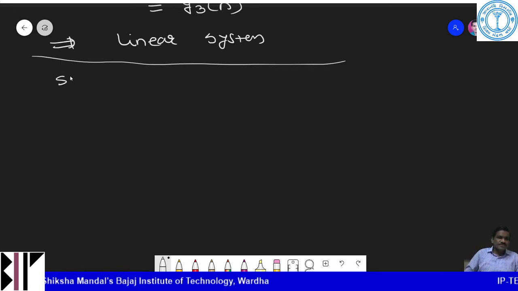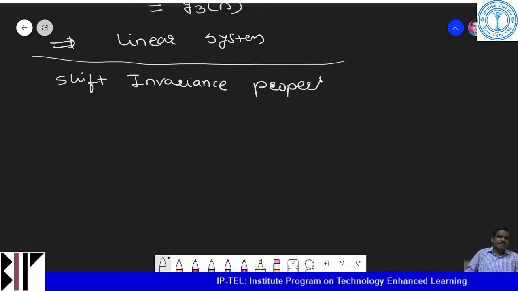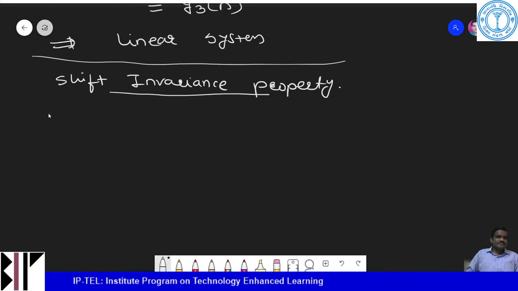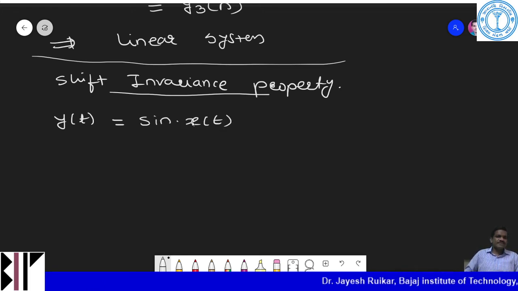So based on the shift invariance property, y of t is equals to sine of x of t.